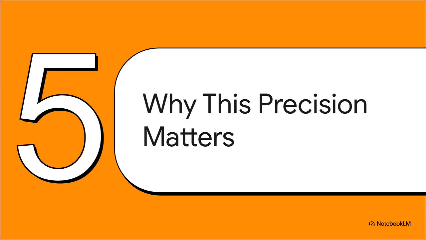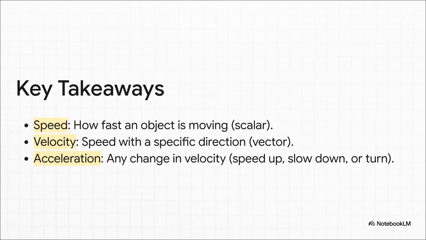So you might be thinking, okay, scalar, vector, speed, velocity, I get it. But why does this tiny little detail about direction matter so much? Well, it matters because this precision is literally the foundation for how we describe the universe. So let's recap the big ideas real quick. Speed is just how fast. It's a scalar. Velocity is how fast and which way. It's a vector. And acceleration? That's any change in that velocity.